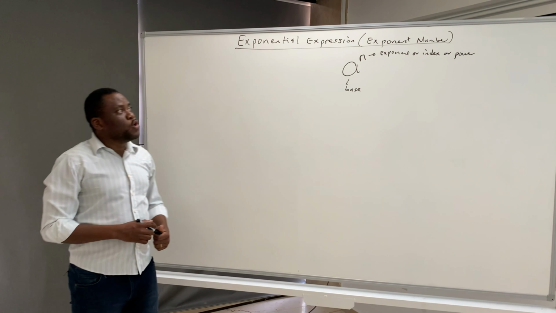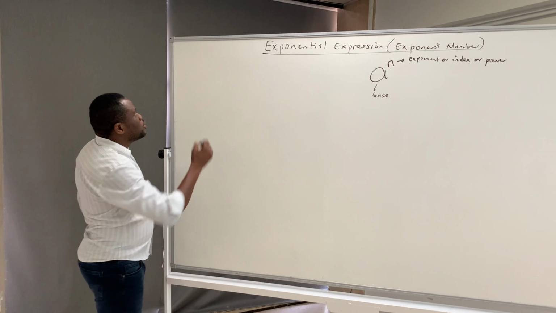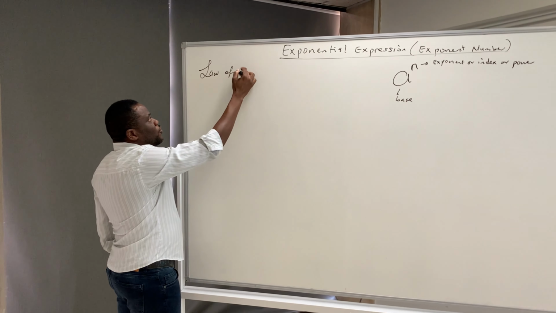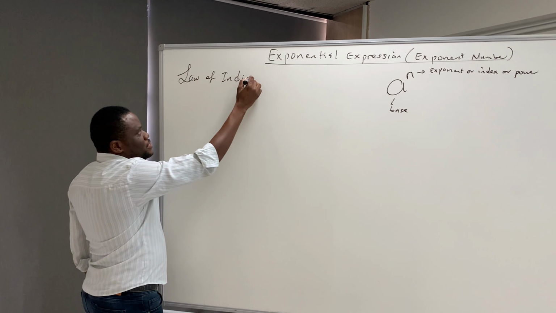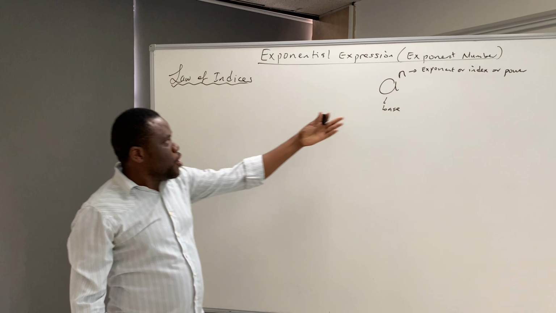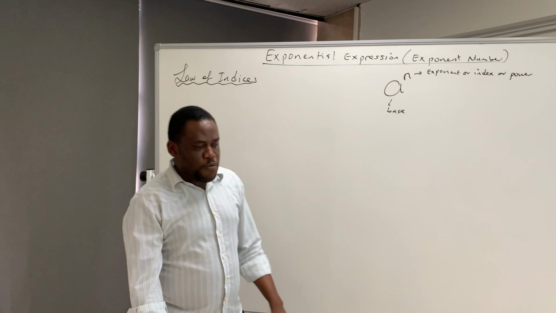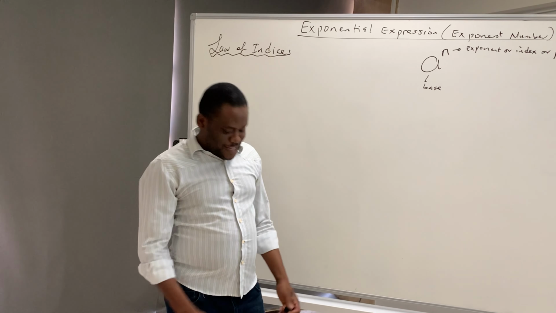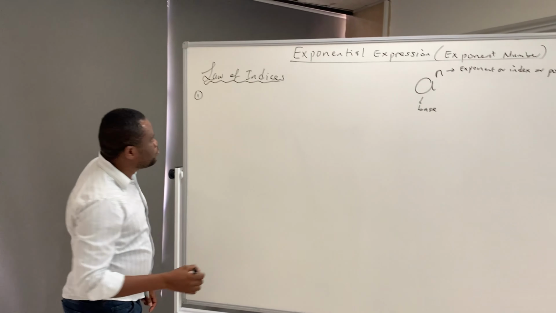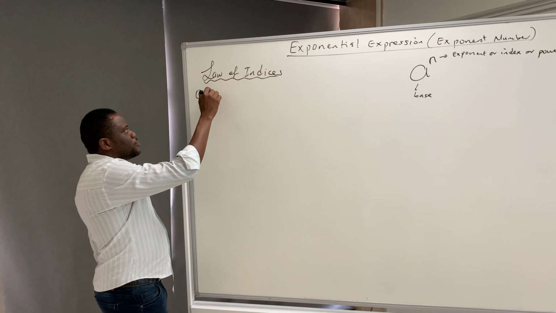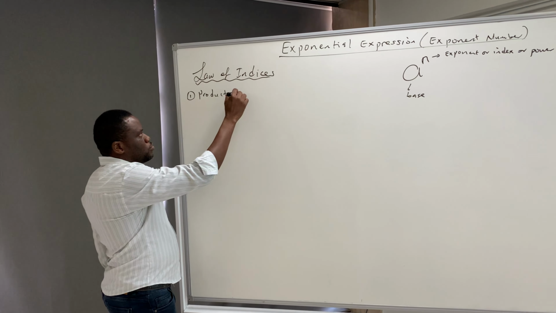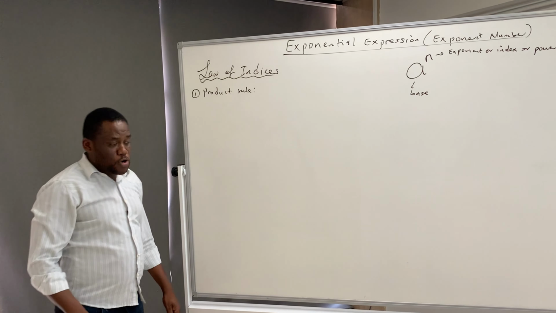Now, we have some laws. Some people call them laws of indices, or laws of exponents, or rules of power. The first rule is called the product rule.